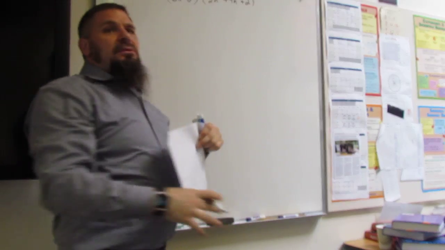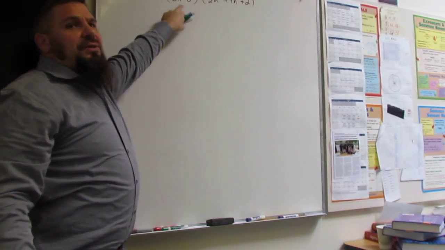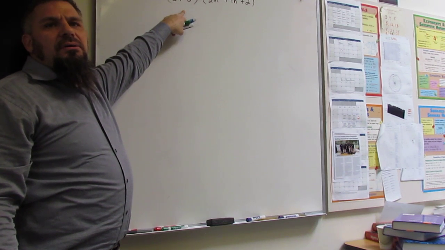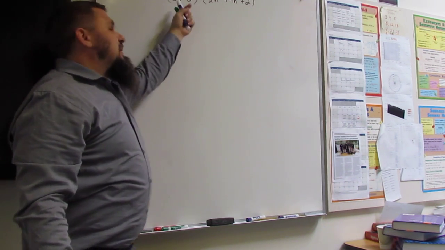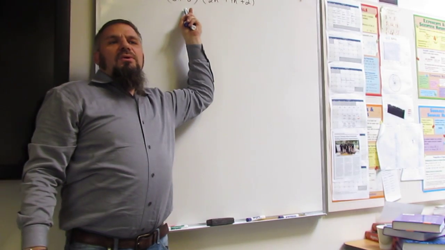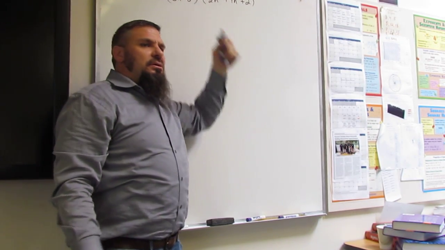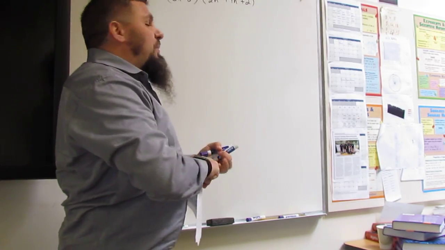Alright. So what do we call this? Is this a monomial, binomial, trinomial? Binomial. Good. Is it linear, constant, quadratic? Linear. Good.